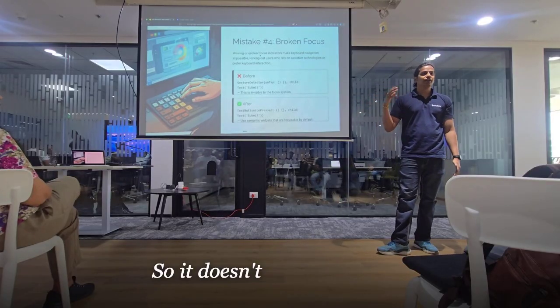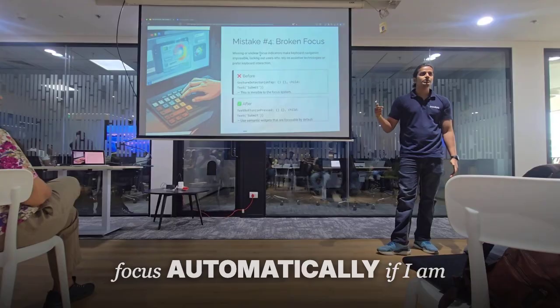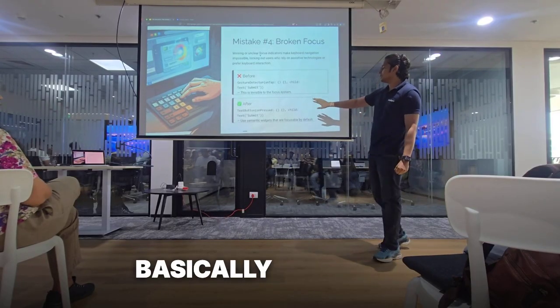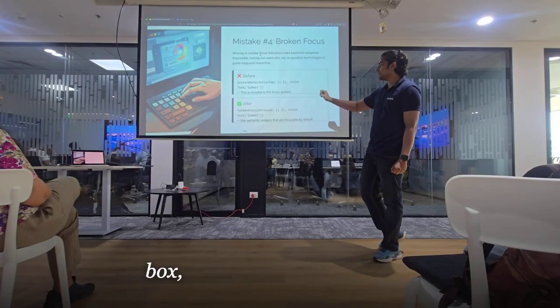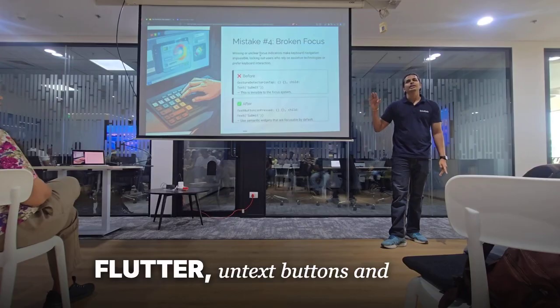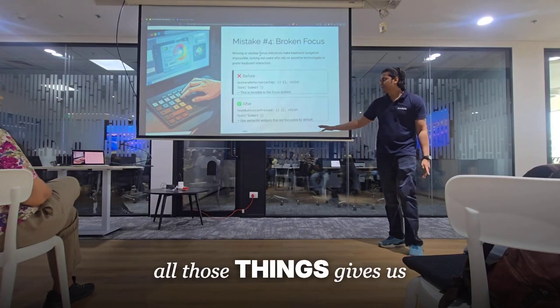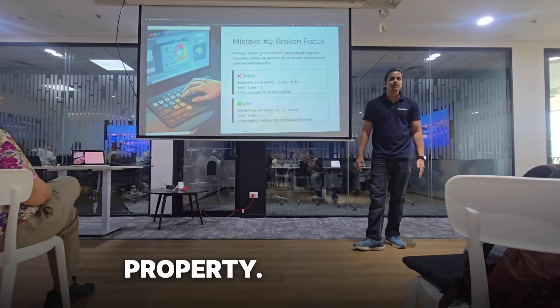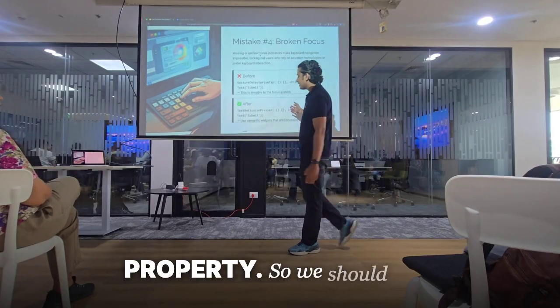It doesn't provide focus automatically if I am using any kind of switch access. Flutter out of the box, like all the buttons, text buttons and InkWell, gives us the focusable property by default, right? So we should have this as well.